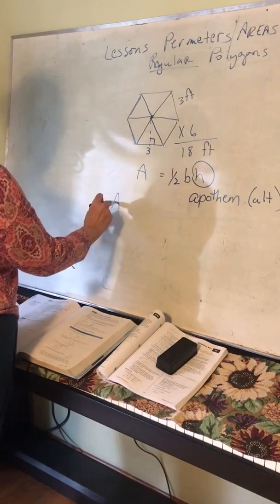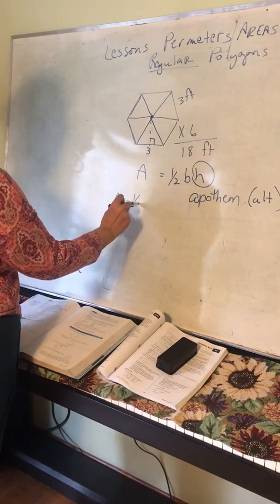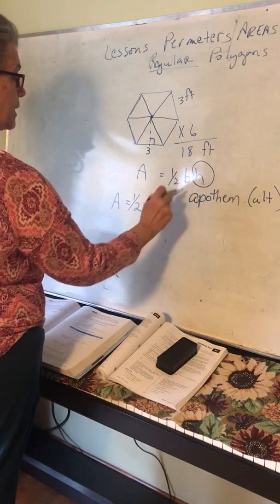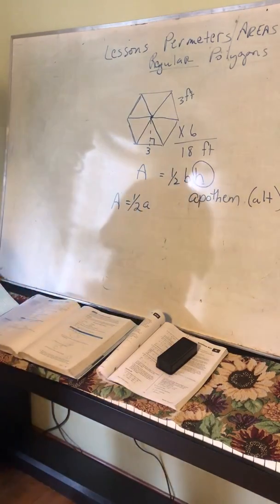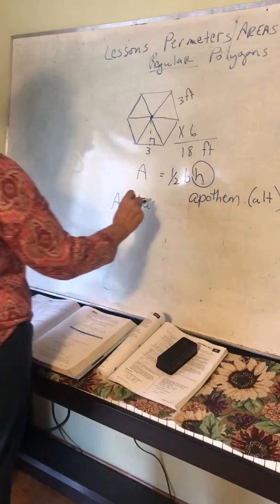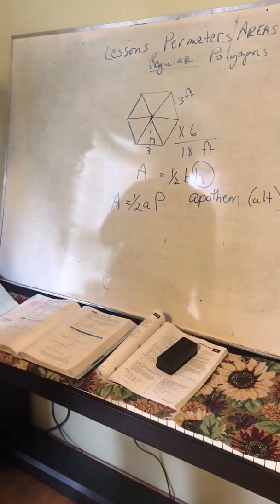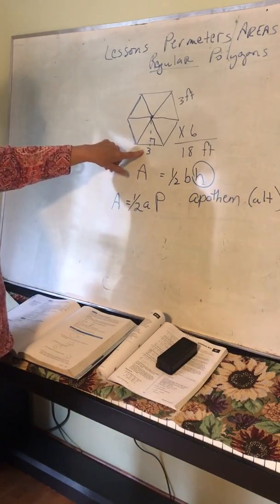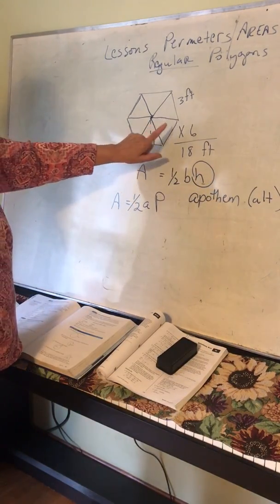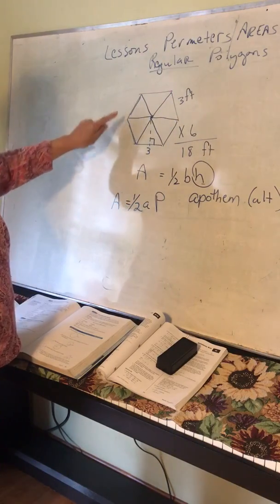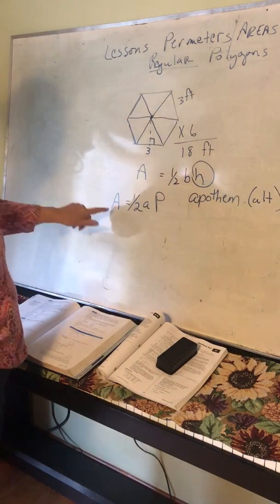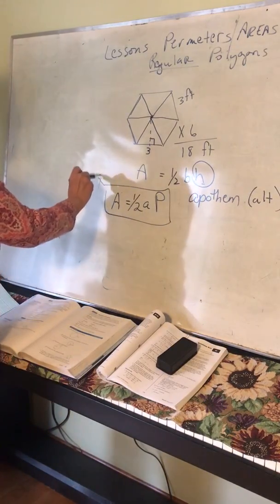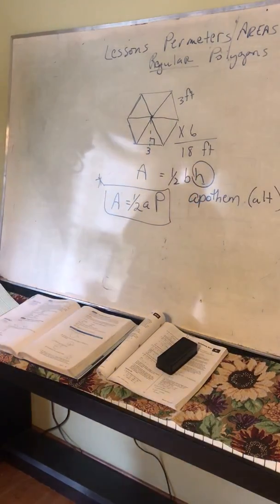They do a little bit of a shortcut here. They take 1/2, use the height as the apothem, and multiply that times the perimeter, which is 18, the same as 3 times 6 for 6 triangles. This is the formula you will use to get the area of your polygons.